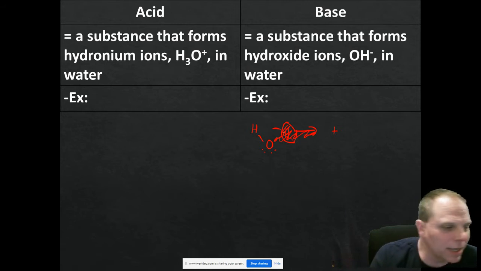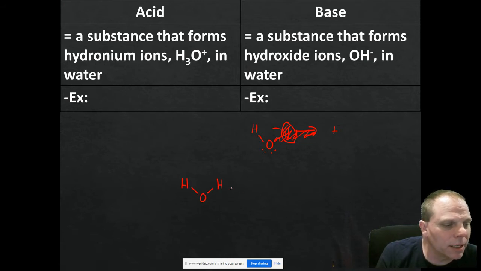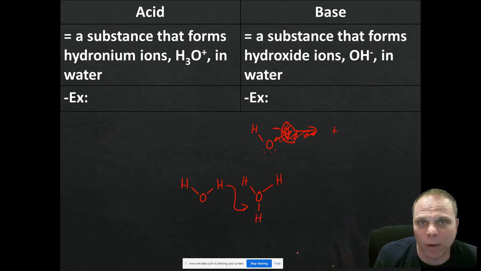It's interesting because water itself is continually going through a process of having some of its hydrogens leave one water molecule and attach to another water molecule.